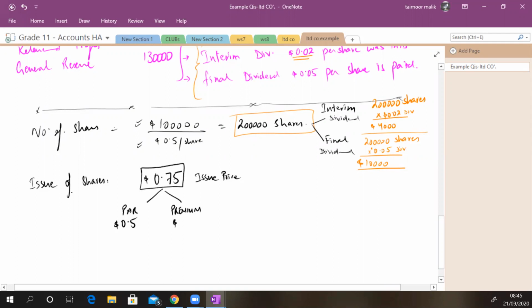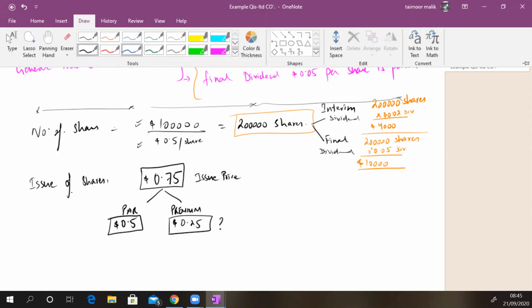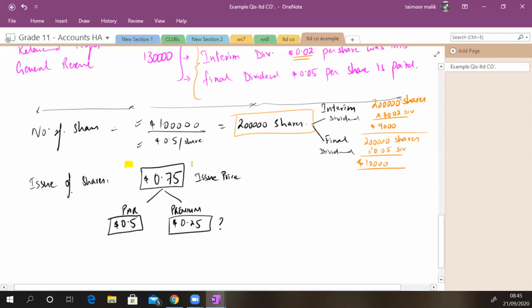Yes, if the share is issued at 0.75, from which the par value is 0.5, what would be the premium? Premium is 0.25. Okay. And this entire information is per share. You're talking about per share information. Okay.